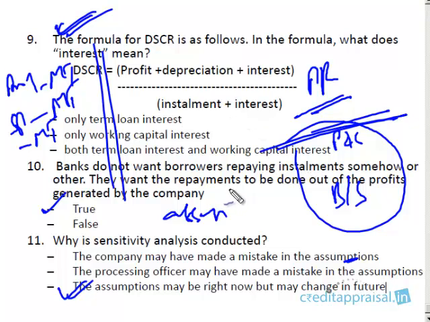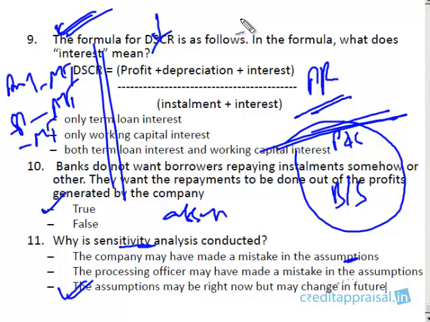The problem arises once the sanction is made, once the project starts, once the implementation starts, some of these assumptions might turn wrong. Maybe the selling price has dropped, so the company is not generating enough sales, the profitability is affected, viability is affected, repayment is not happening. So assumptions are right at the time of appraisal, but subsequently they might change. Sensitivity analysis considers those scenarios.